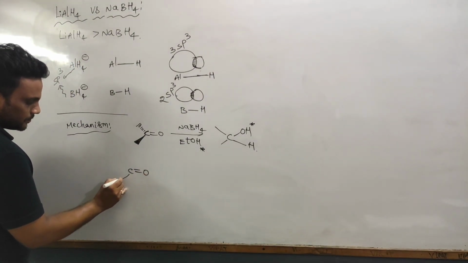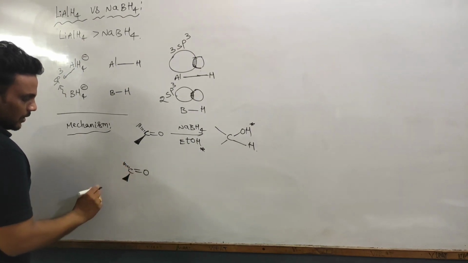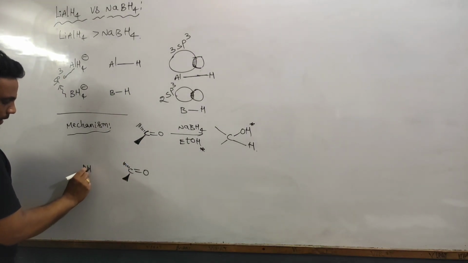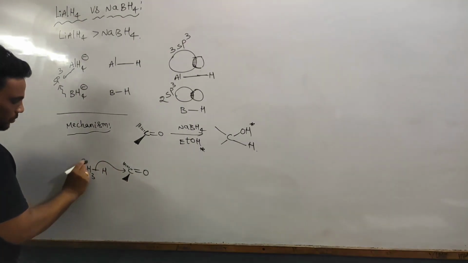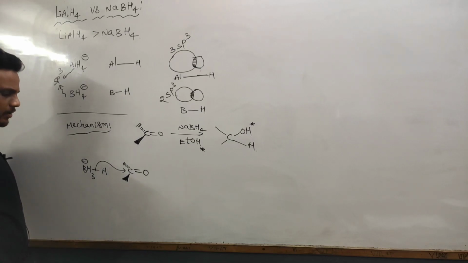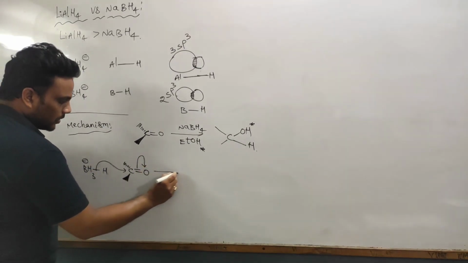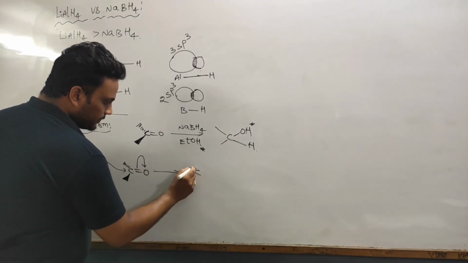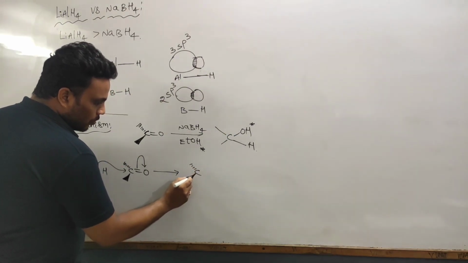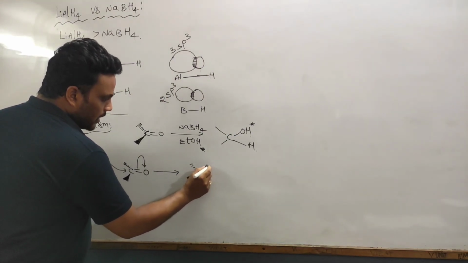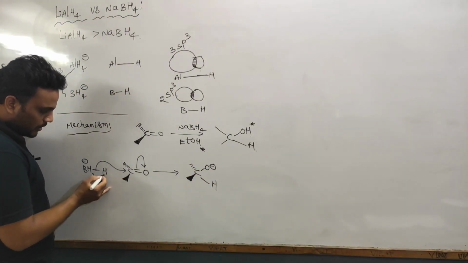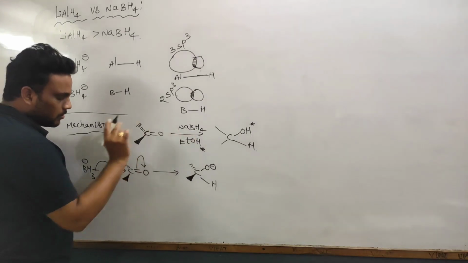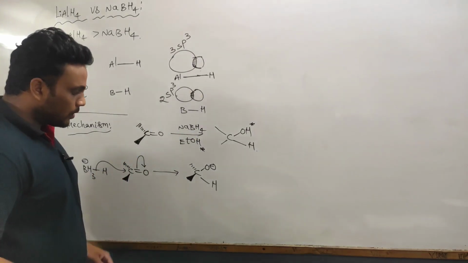You see, this carbonyl group is there, and BH4 minus I am writing as BH3H, and this one donates a lone pair in the form of a hydride ion. It attacks this carbon and bond shifting takes place. Now the sp2 carbon becomes an sp3 carbon. So this C-H bond is obtained from the reducing agent, sodium borohydride.